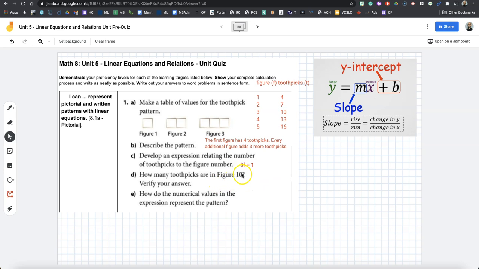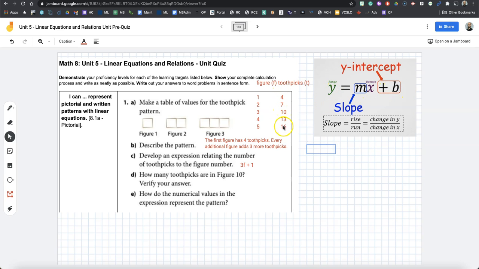How many toothpicks are in figure 10? To solve for that, we could map out the rest of the table of values down to the 10th figure, but let's use an equation instead. The equation is going to be in this format, y equals mx plus b.